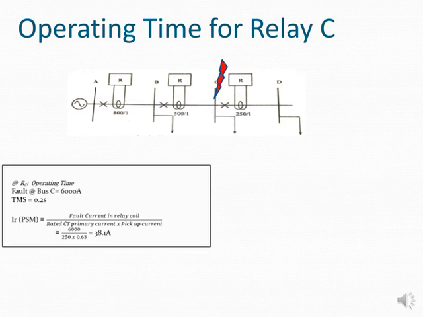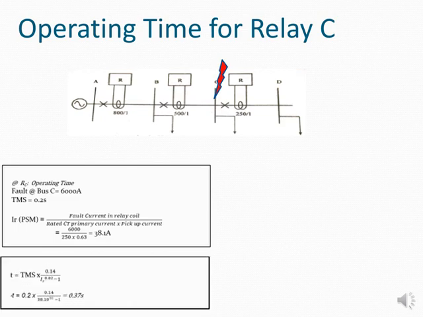In this case it is different because I'm looking at my fault being at C. So that fault current, I don't look at what was at D, but what is at C, which is going to be 6,000 amps. So it becomes my 6,000 divided by my 250 multiplied by my 0.63 that I got from my plug setting.